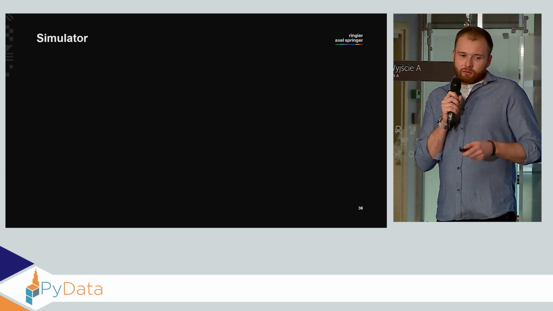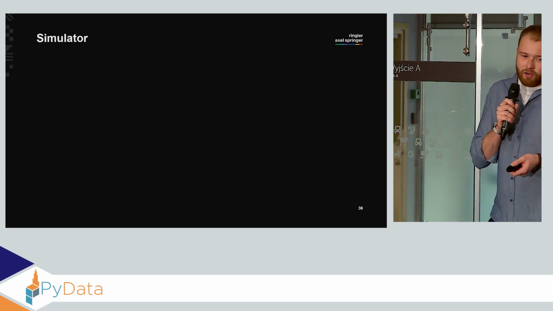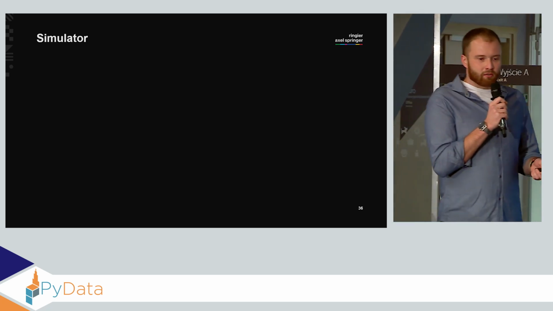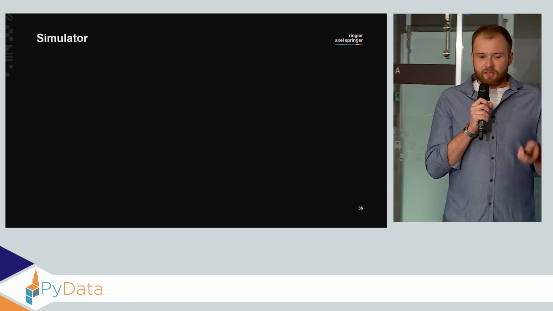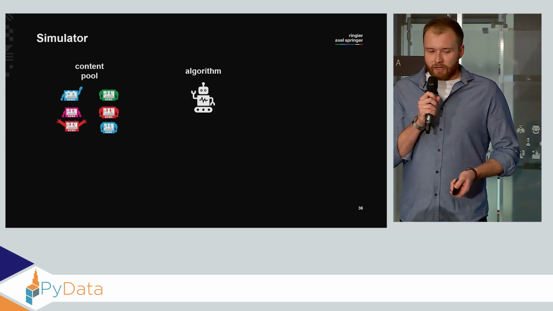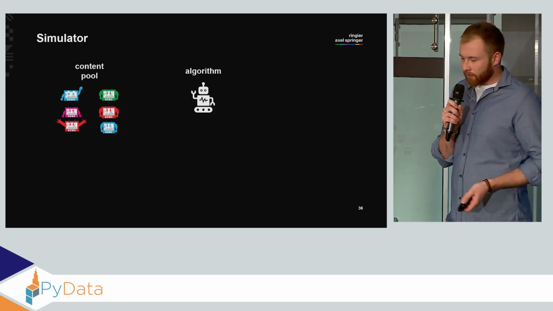To explain the concept of this simulator, let's start with what happens in a single trial. We know that we have a content pool, and we have an algorithm.